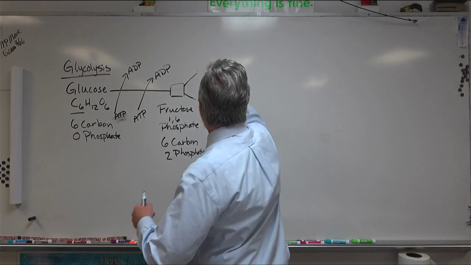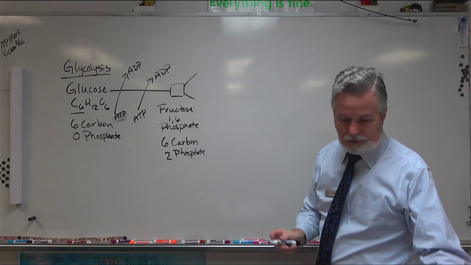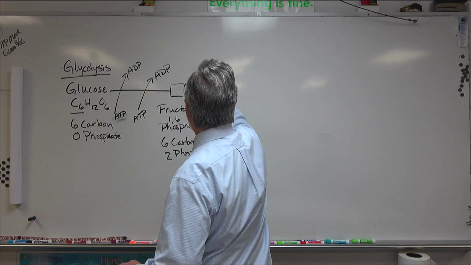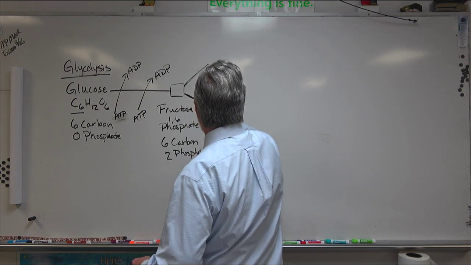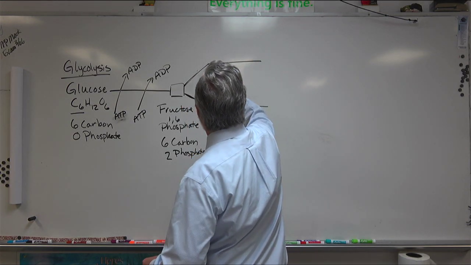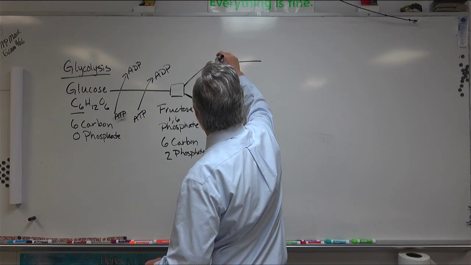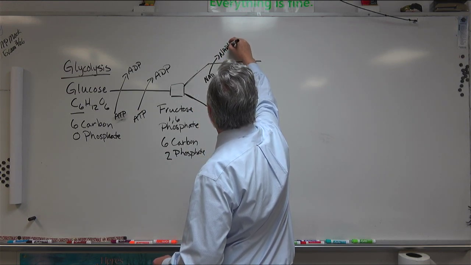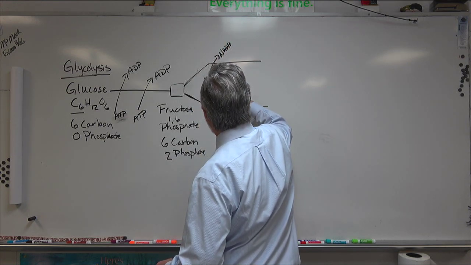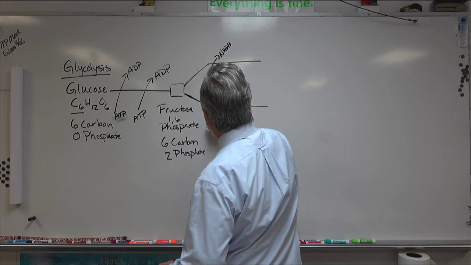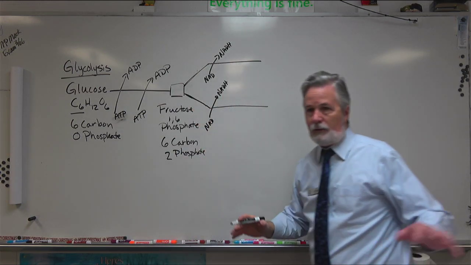If you have a problem, I can go back to writing it the way it is exactly on your sheet. So NAD goes to NADH, and it happens on both of these. Are we okay? Yeah. Everybody okay?